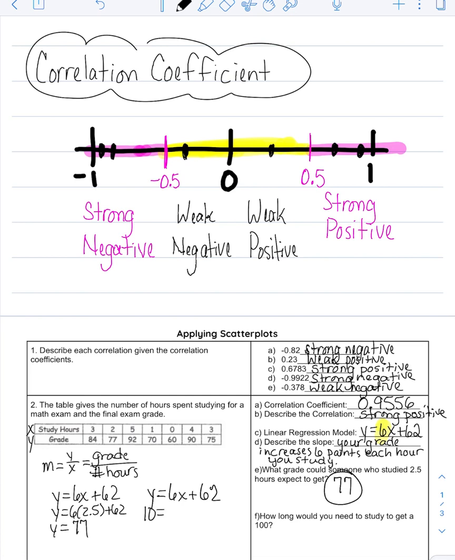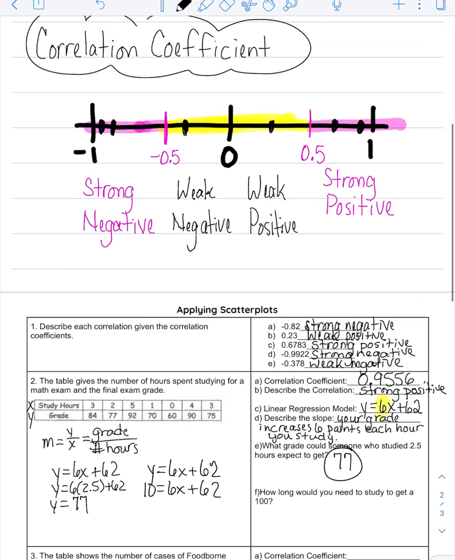I want to get a 100, so I want to see how long I have to study. So now I'm going to solve for x. You can do that by hand, and remember we've also learned how to do it in the calculator. I'll go ahead and do it by hand. I'm going to subtract 62 from both sides.